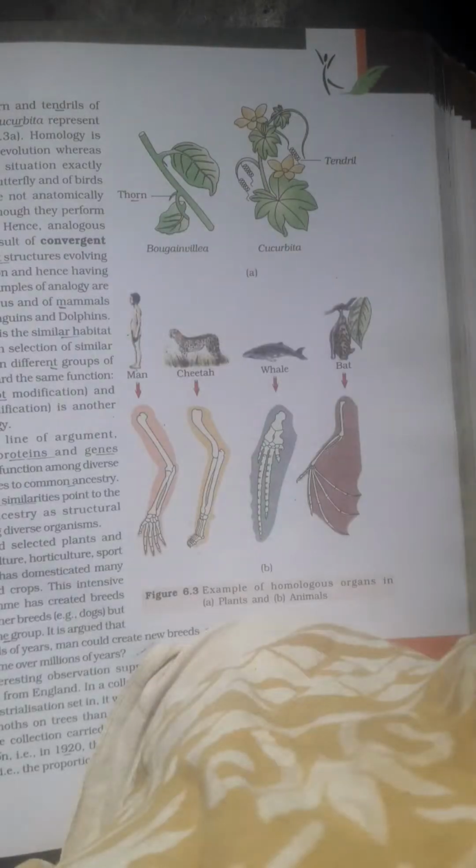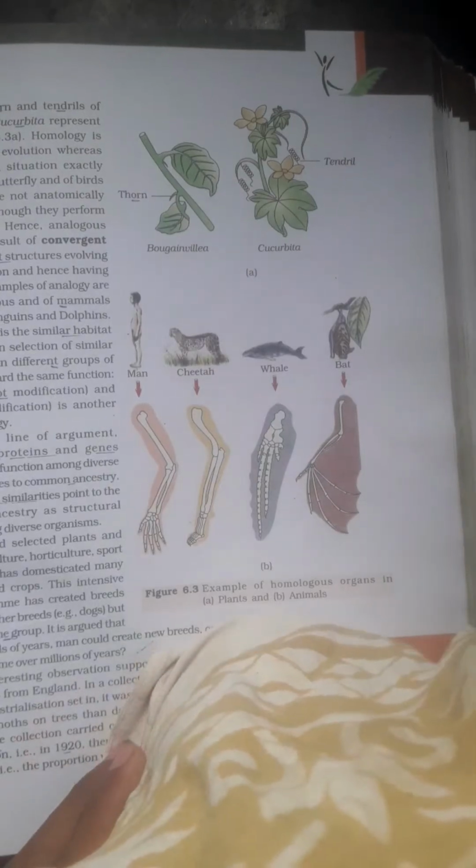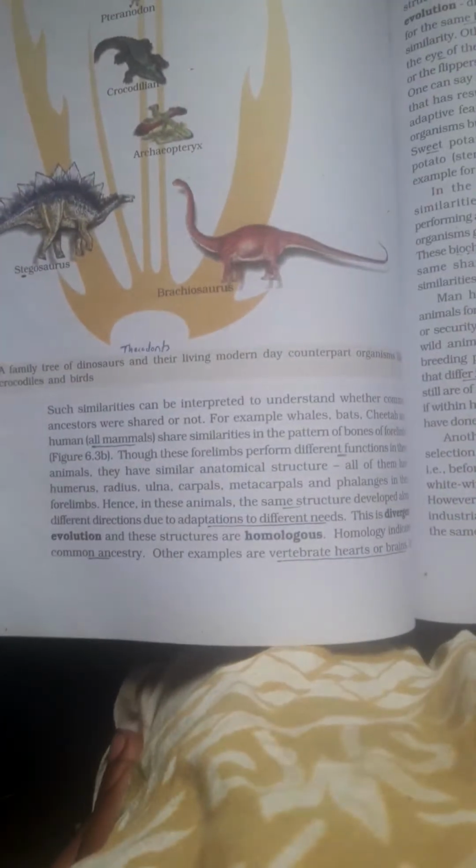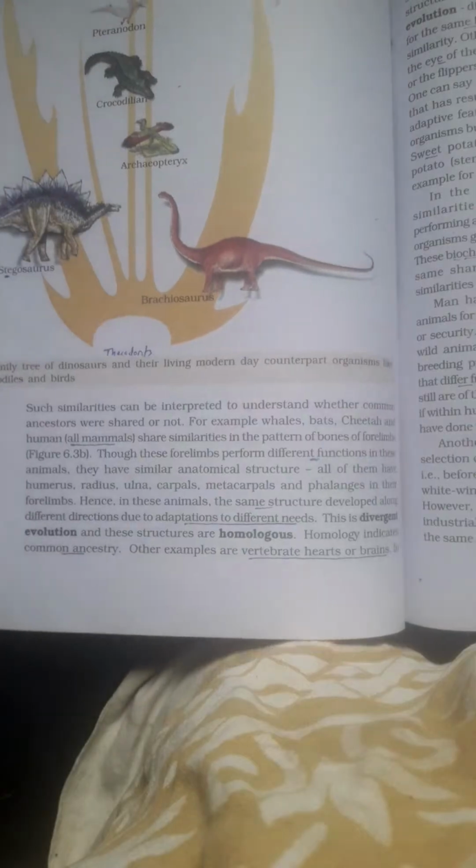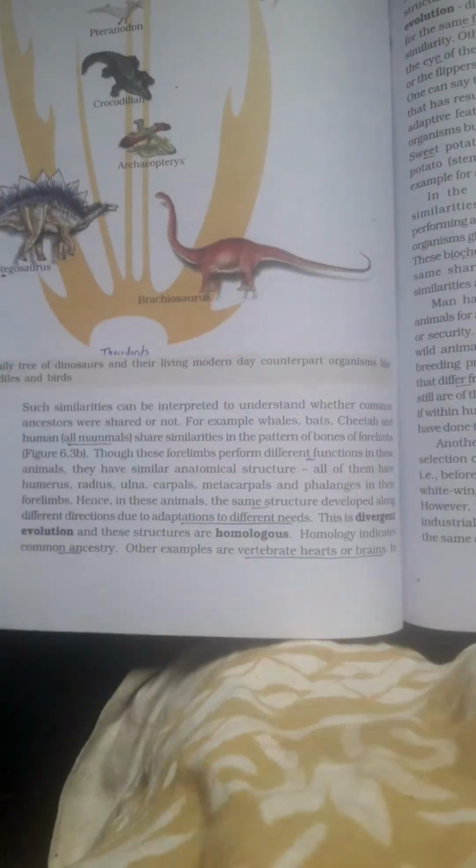Now in animals, we see the homologous structures again. For example, whales, bats, cheetah, and human. So all mammals. These share similarities in the pattern of bones of forelimbs.